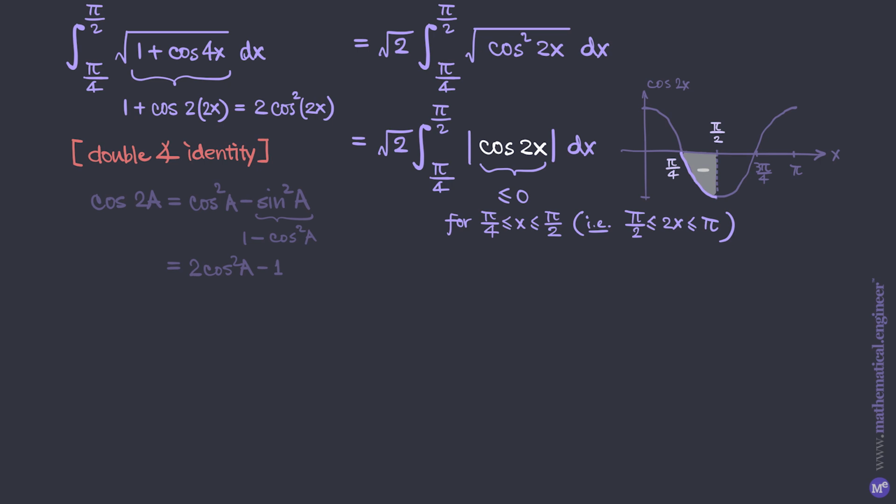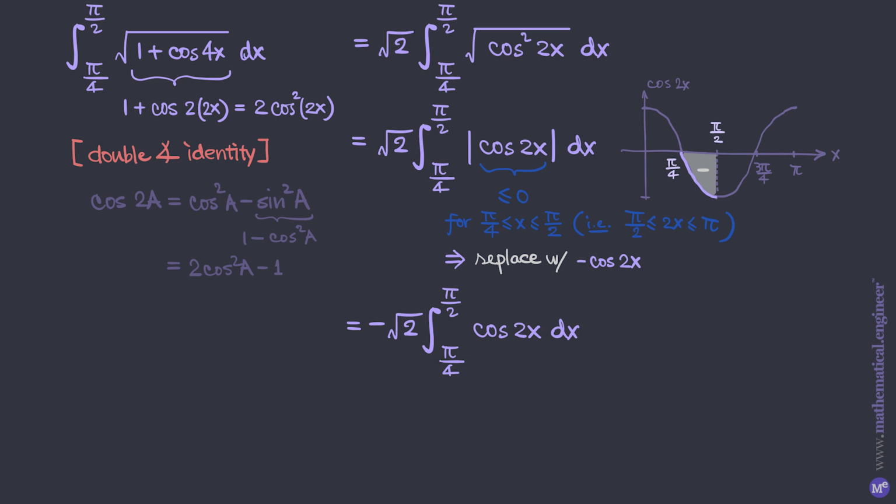So we integrate from x equals pi over 4 to pi over 2. That means 2x is between pi over 2 and pi. Over such an interval, cosine 2x is either 0 or negative. That means we should take the negative of the result of evaluating the square root, and so we have negative cosine 2x instead. That looks very good.